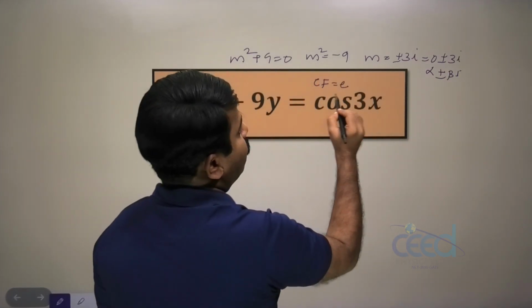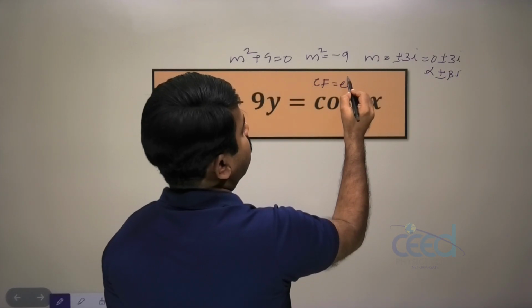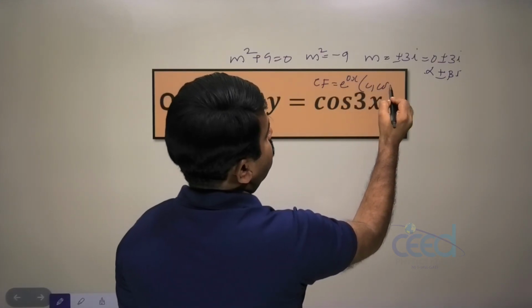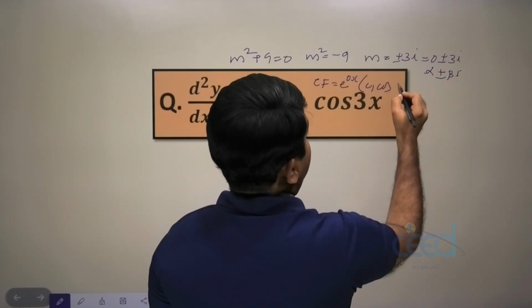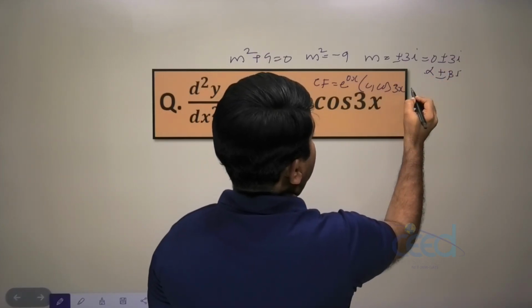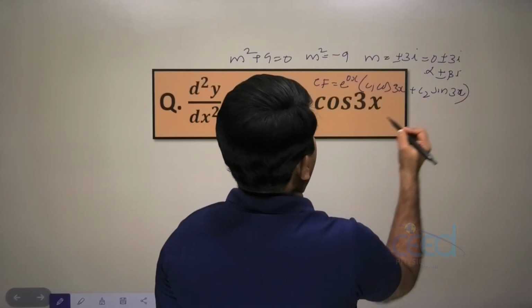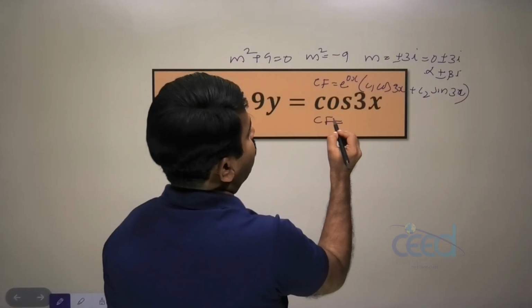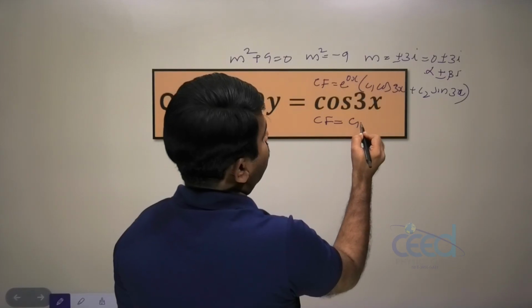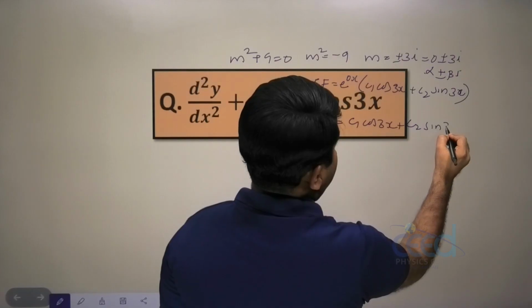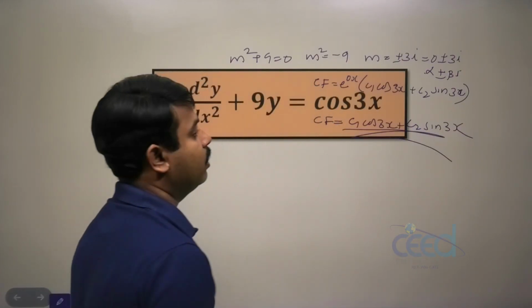Then e raised to alpha is 0 only, into c1 cos beta x, beta is 3, 3x plus c2 sin 3x. This is the complementary function: c1 cos 3x plus c2 sin 3x.